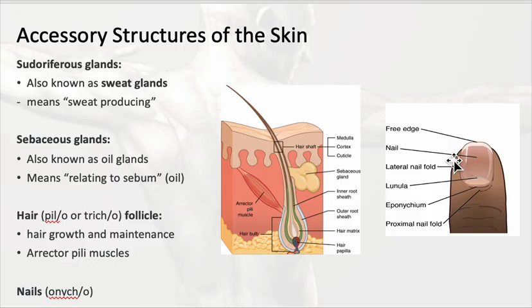So under the nail plate is the nail bed, which is below, but a structure here, the lunula, is that pale half-moon shape. And this represents the visible portion of the nail matrix. So the nail matrix extends down below, if you will, the cuticle and below the skin here.